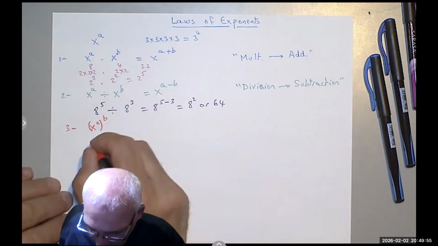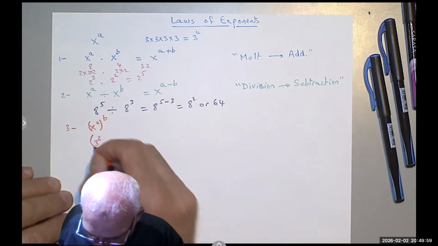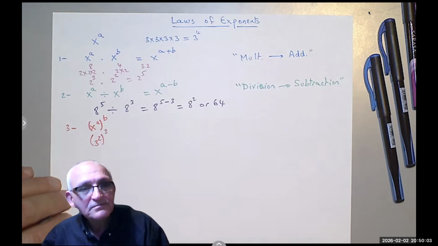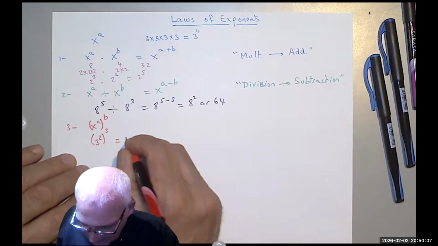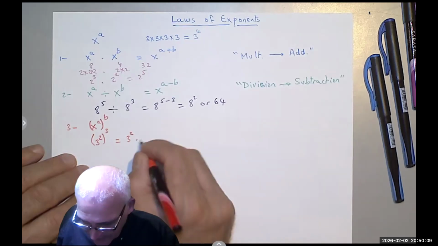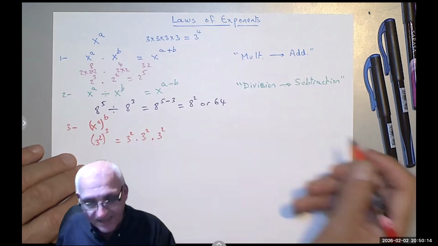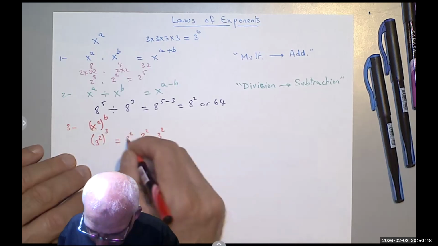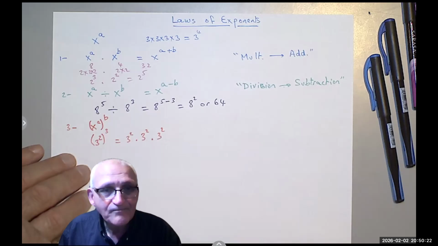Suppose I have 3 squared and then I raise the whole thing to the power of 3. If I want to break it down, I can write it as 3 squared times 3 squared times 3 squared, right? Because I did it 3 times. The 3 squared, which is inside, I multiplied by itself 3 times.